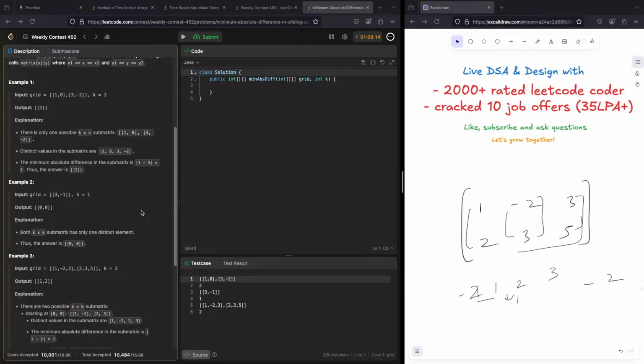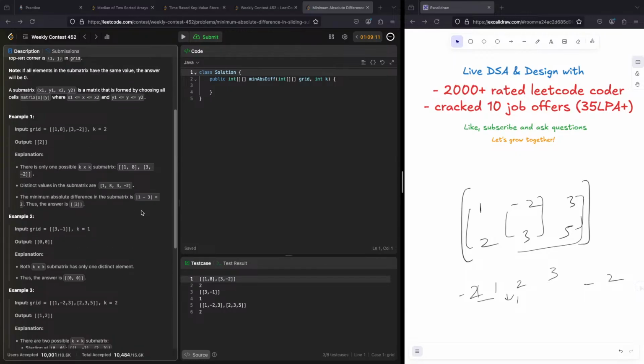First you go to the right side and then you go to the bottom. That makes sense?